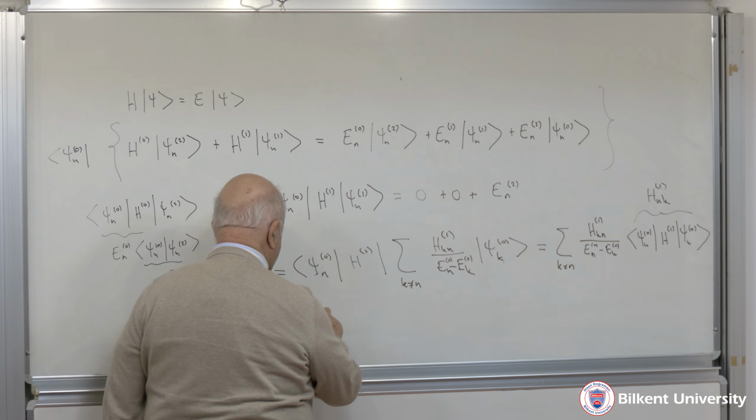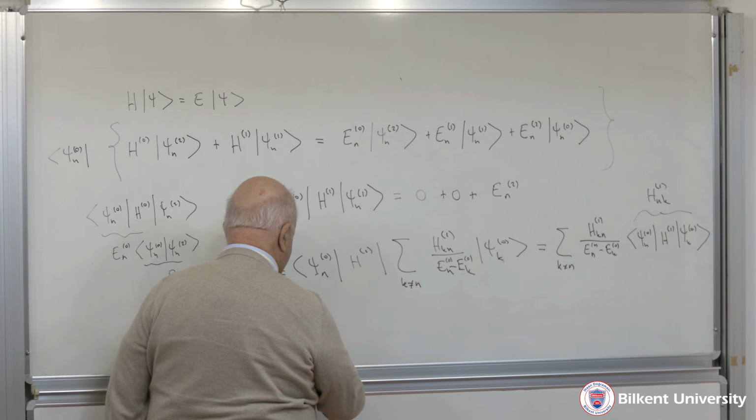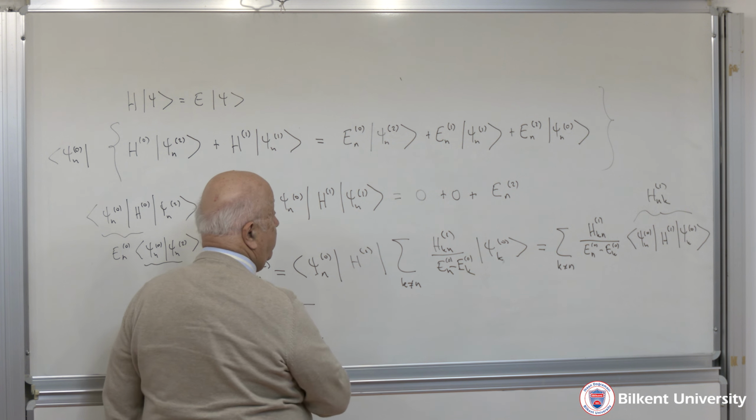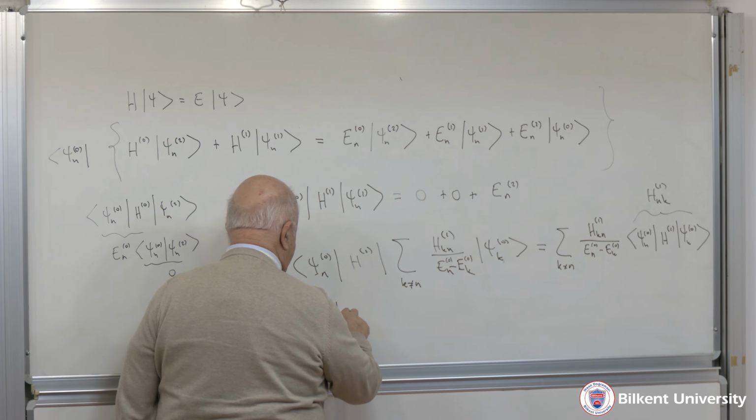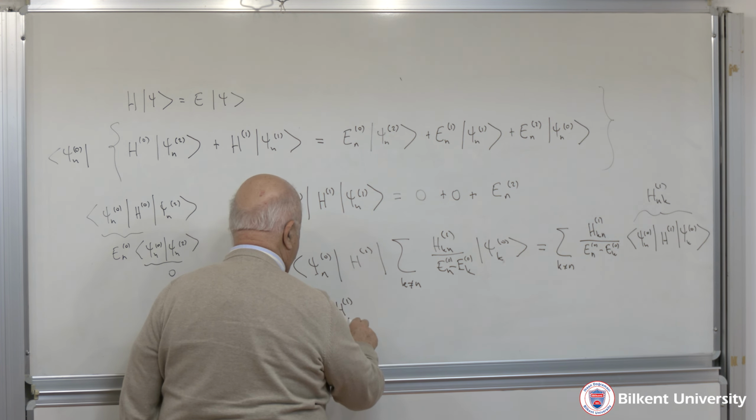This is going to be a sum K not equal to N of H first order KN magnitude squared.